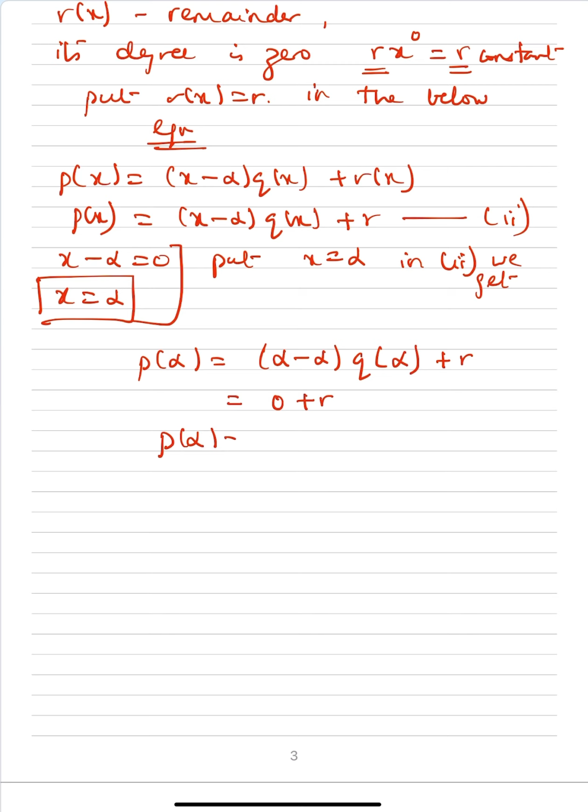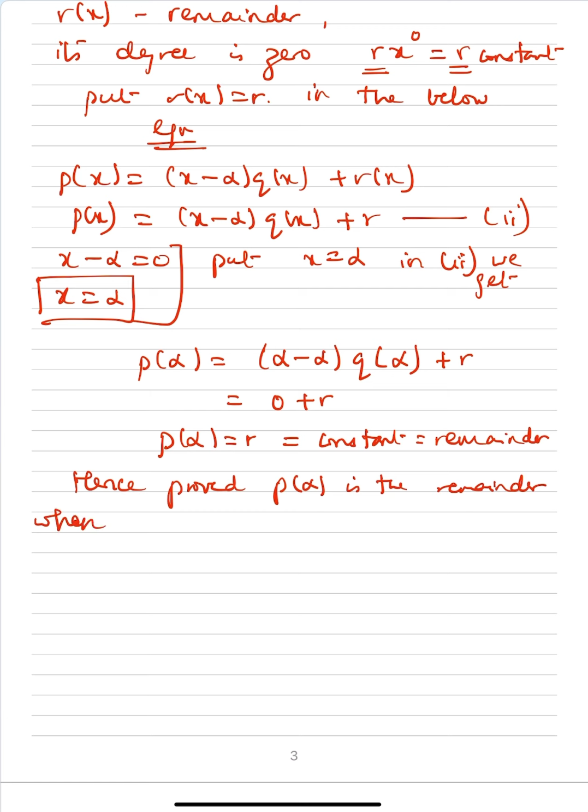So P of alpha is r, which is a constant and which is called a remainder also. Hence we have proved that P of alpha is the remainder when P of x is divided by x minus alpha.